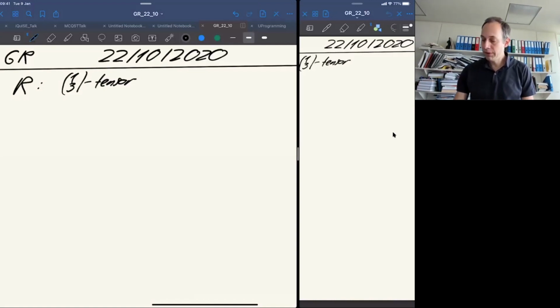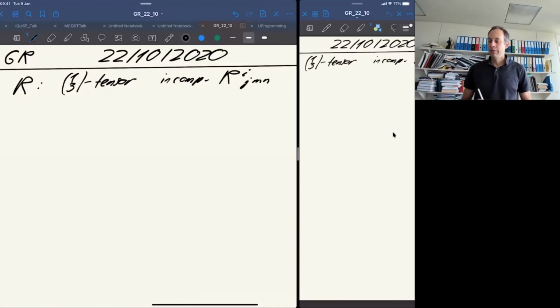And in components, because it's a 1-3 tensor, we could write i, j, m, and n, for example, which shows that there is a lot of data in this tensor. There are many actual coefficients, and all these coefficients are actually needed, because what we have seen towards the end of the last lecture is that you could interpret the coefficients as follows.